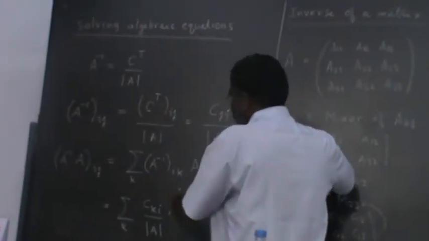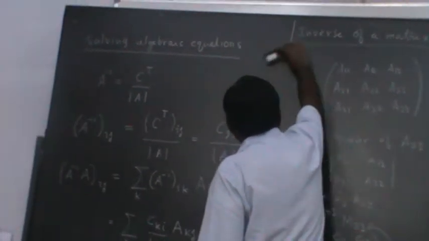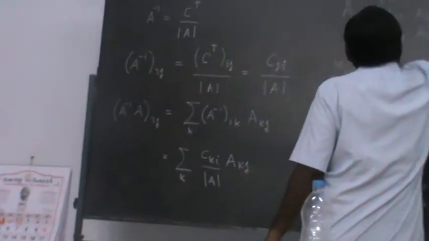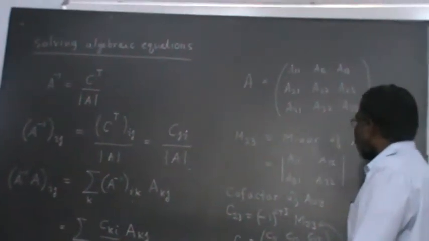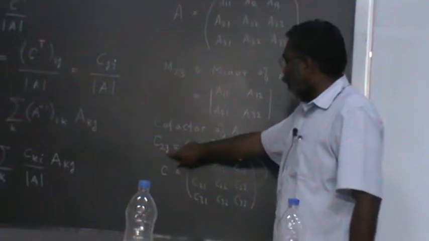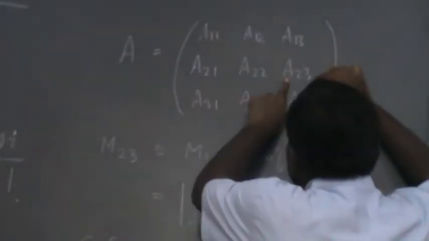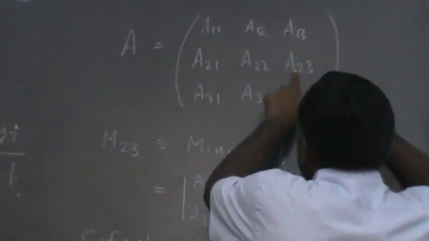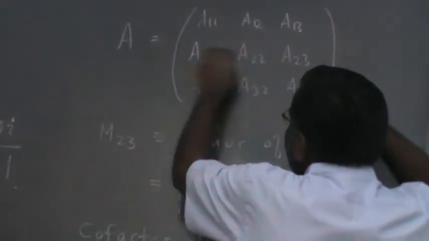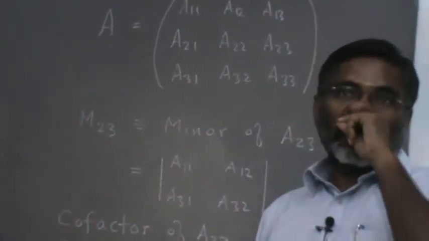I have to, of course, show you a couple of results before I demonstrate this. For example, if this is the cofactor of 2, 3, so if I take the cofactor of this, of this, of this, you take any row or a column, and you have those cofactors.